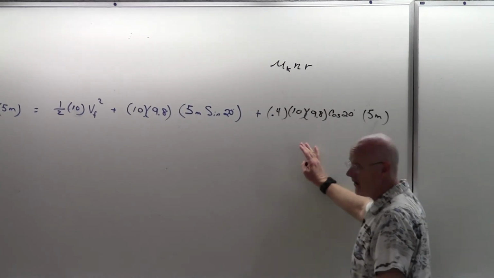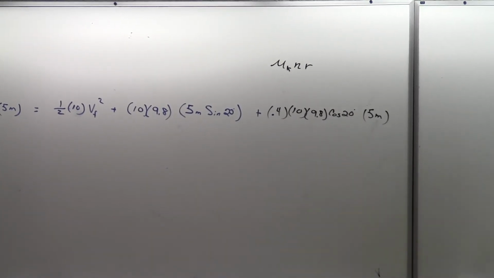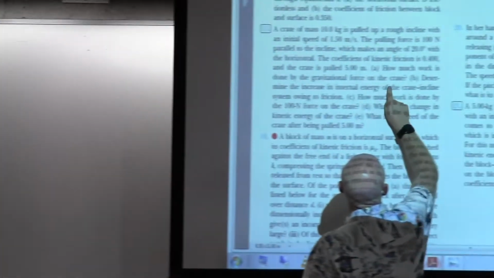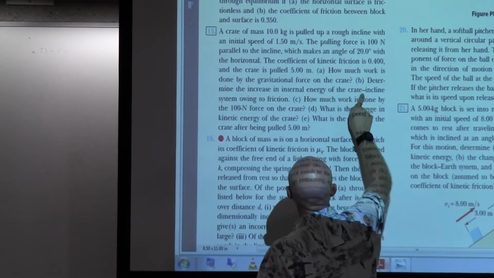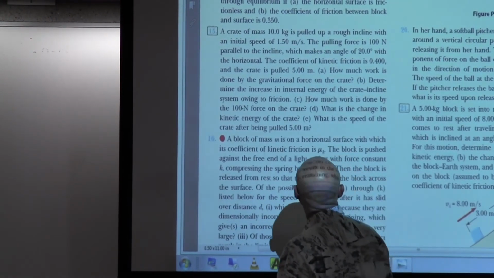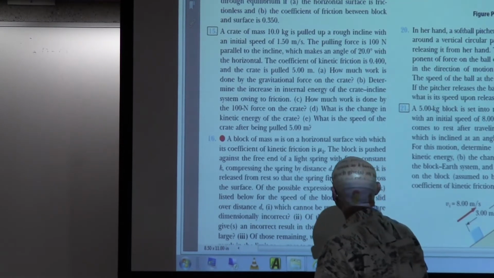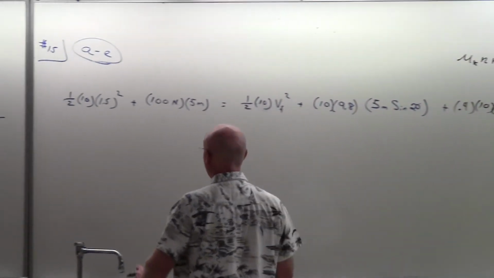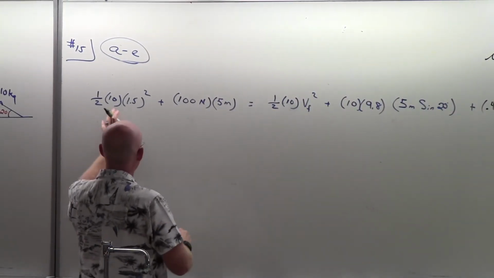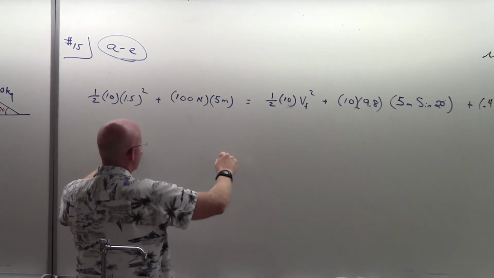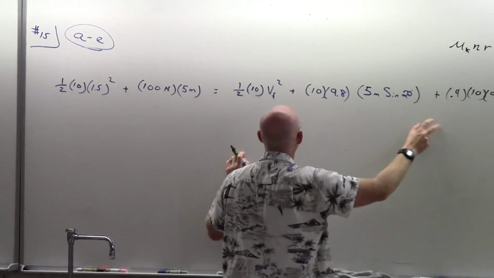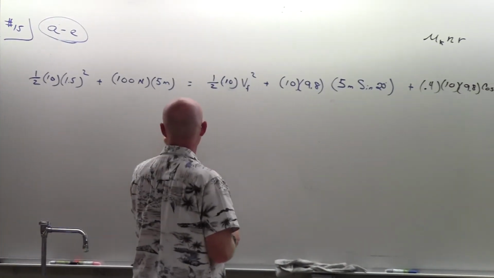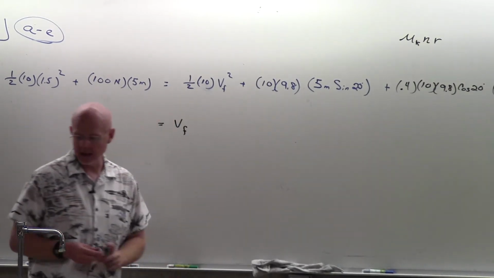So there are all the factors to answer one of these questions in here, which was to determine the increase of internal energy of the crate. The change in kinetic energy would basically be everything but these two terms put together. This would be initial, this would be final. And so if I put that one together with that one together with that one, that would be the change in kinetic energy. But for me, let's go right to the end.